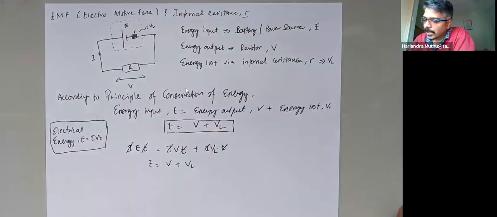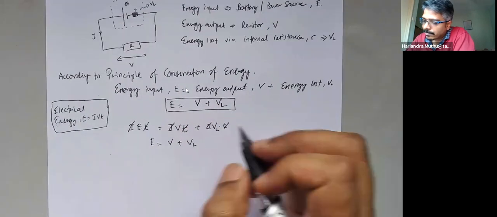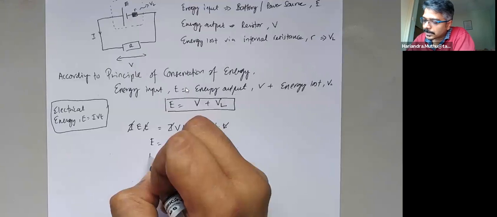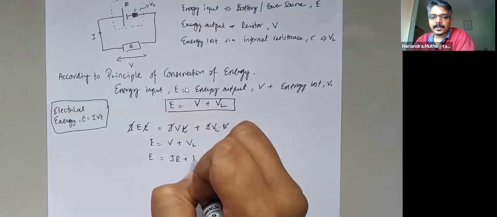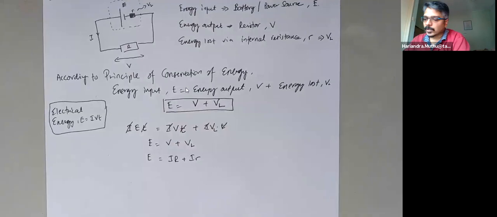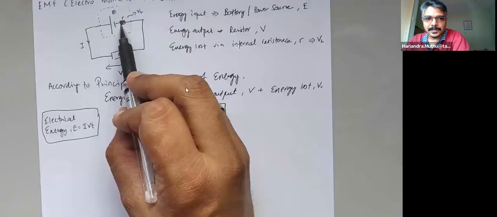In other words, the EMF can also be written like this, because the current is passing through the internal resistance.